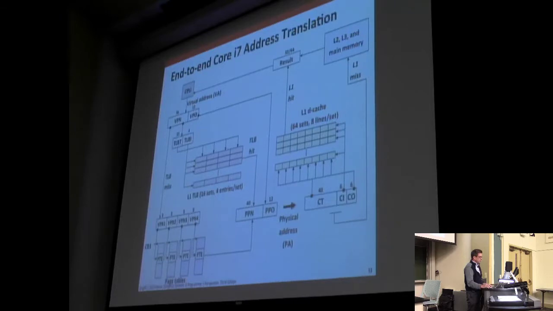So first we look in the TLB, and as we said before, there's 16 TLB sets. This is the L1, I'm showing the L1 data TLB. So we break it up into 4 TLBI index bits and 32 tag bits.